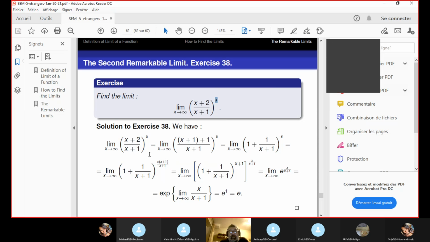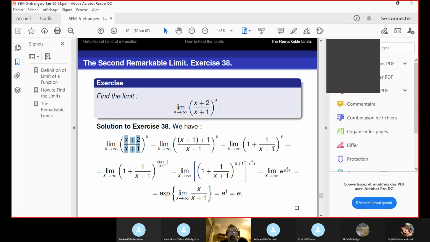So first of all, you see, we rewrite our function in the brackets in the following way. The numerator we write as x plus 1 plus 1. Then our fraction x plus 2 over x plus 1 will be 1 plus 1 over x plus 1.